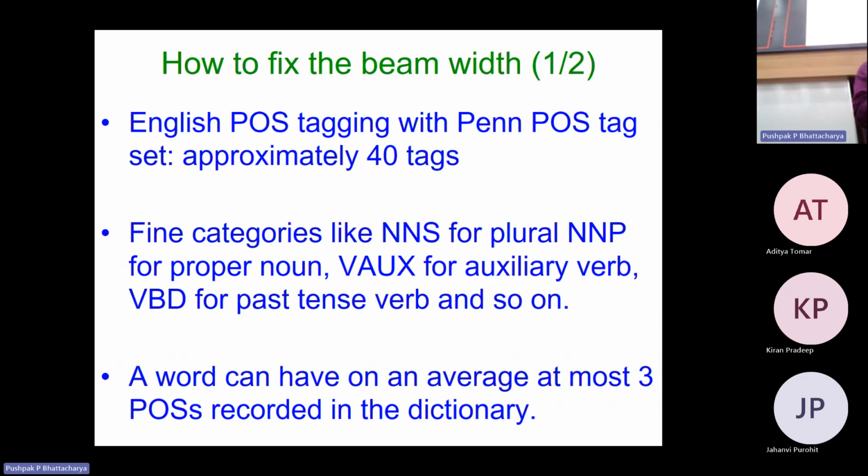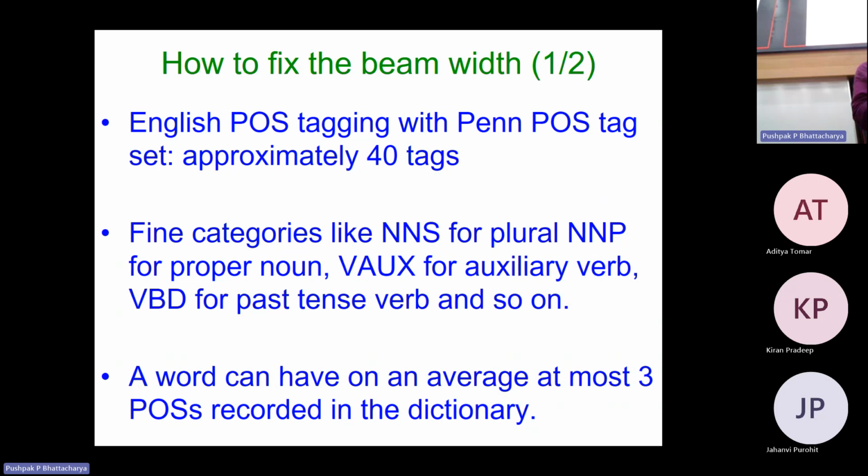Now the question is how to fix the beam width. English part-of-speech tagging with the Penn POS tag set has approximately 40 tags. Fine categories like NNS for plural, NNP for proper noun, VAUX for auxiliary verb, VBD for past tense verb, and so on. We're going to look at that slide very soon.